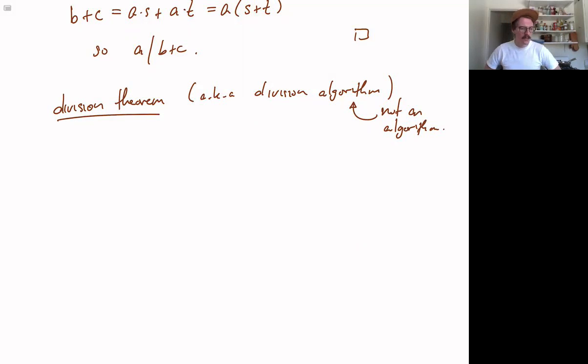The division theorem tells us that, okay, we know that we cannot always divide one integer by another, but there is a general expression that we can write for any pair of integers, like so. Let a and d be integers with d different from 0.